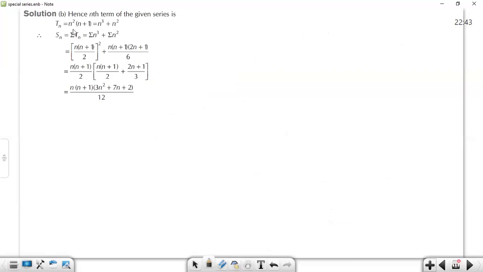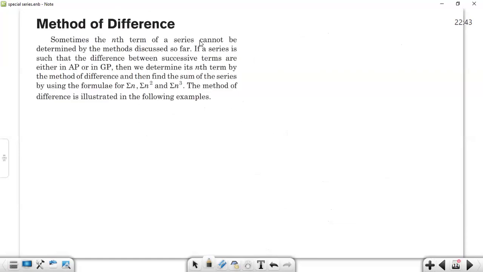Here also they have found the nth term and then operated the sigma operator, the summation operator, on the function. So the next difference is the method of difference.